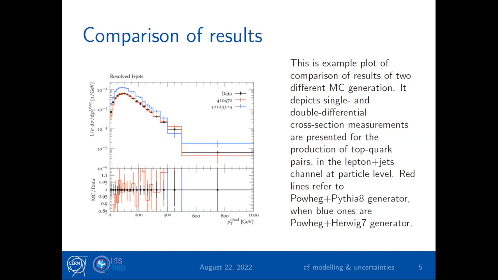As we see, for example, on this picture, it's clear that the red line, which refers to the PowHEG and Pythia generator, describes it better than the blue one.